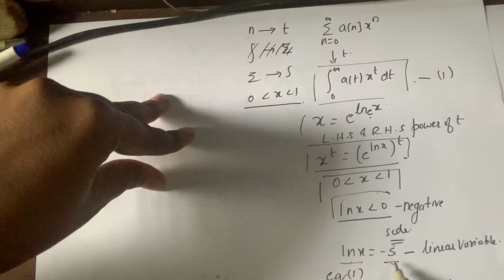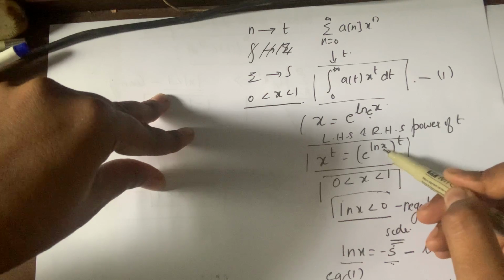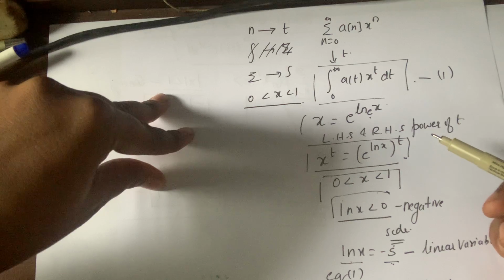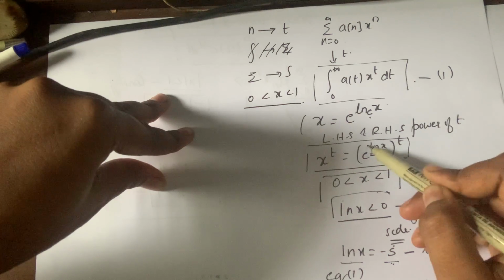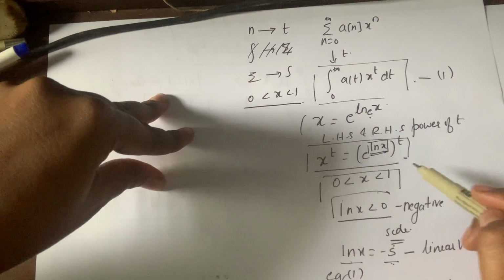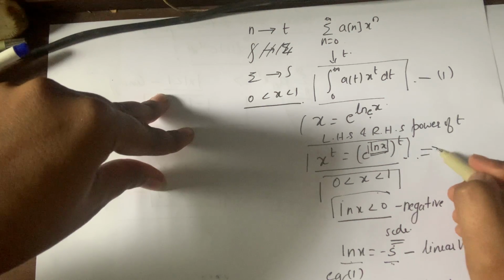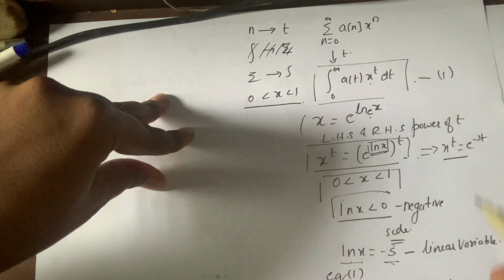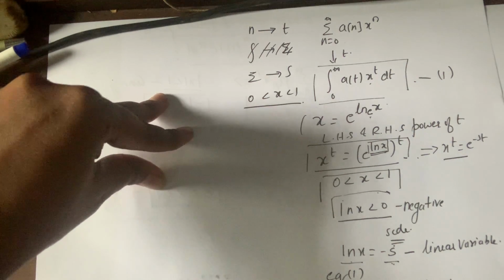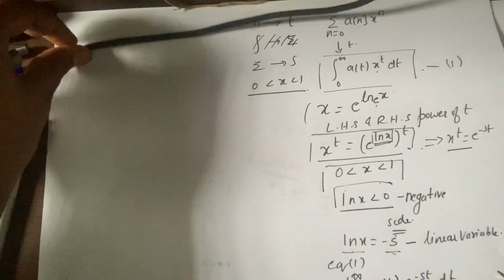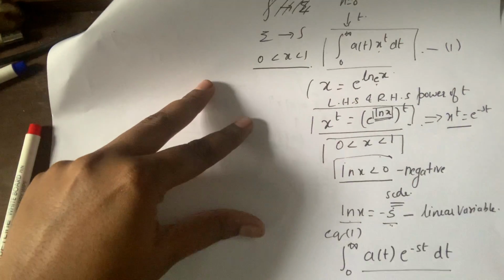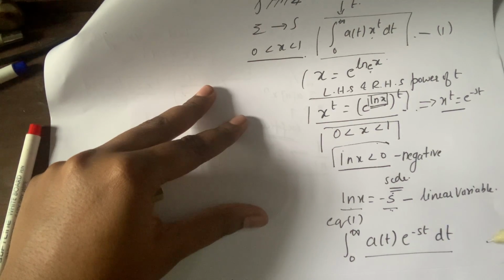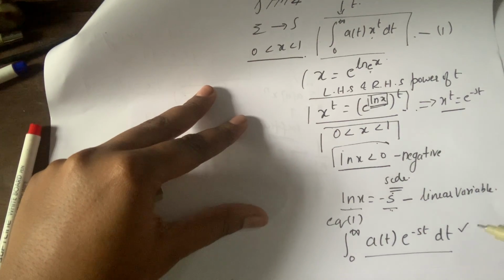Because ln of x is minus s, when we substitute back, x to the power of t is nothing but e to the power of minus st. And when you substitute back into this equation, we get this. Hope you're able to see it. Okay, so now you're able to see it: 0 to infinity a of t e to the power of minus st dt. So we arrived at this equation.